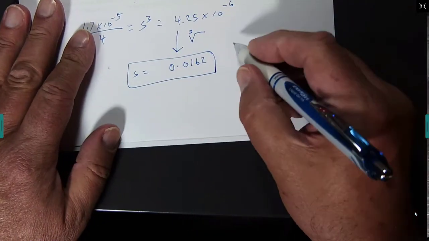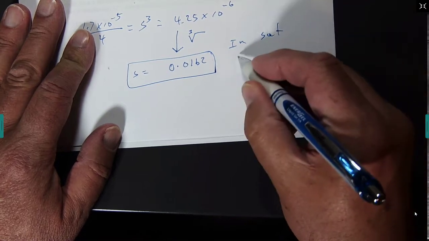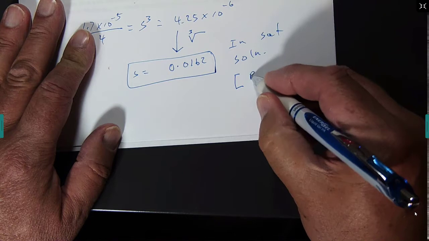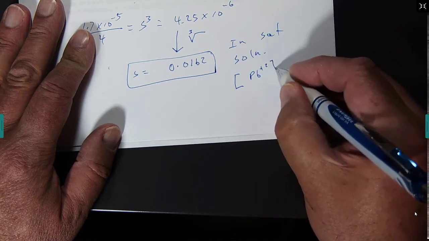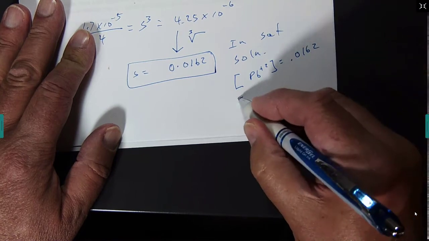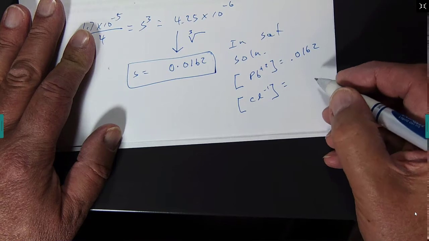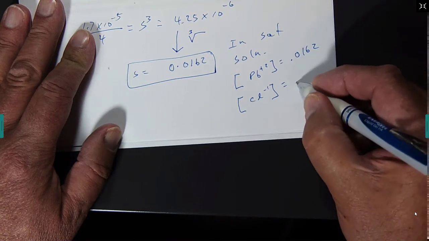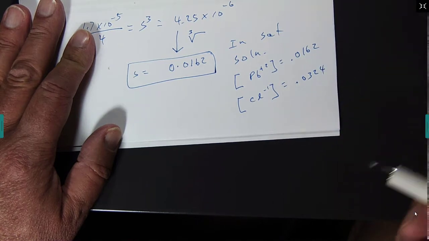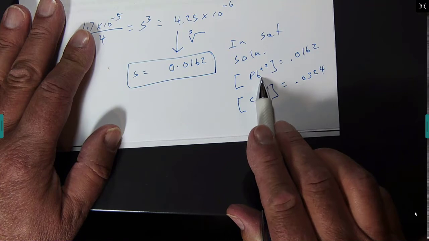So in your saturated solution, your molarity of lead will be 0.0162. Hey, guess what? Your concentration of the chloride ions in that saturated solution will be 0.0324, twice as high. The chloride concentration is twice the concentration of the lead.